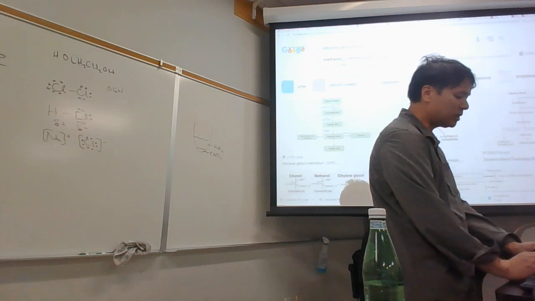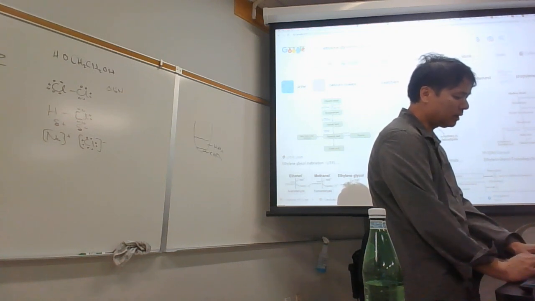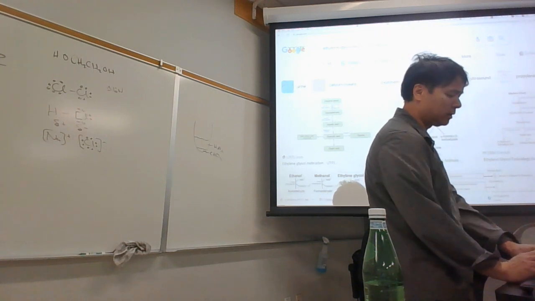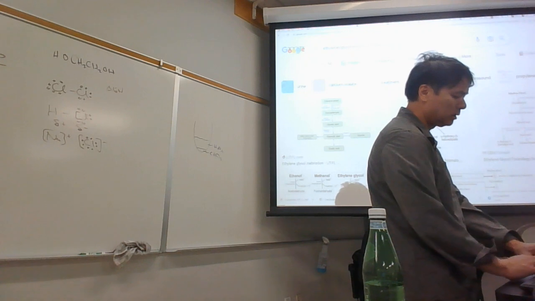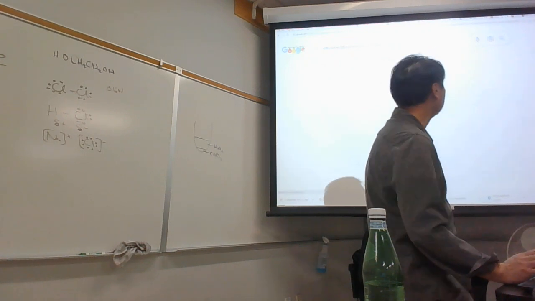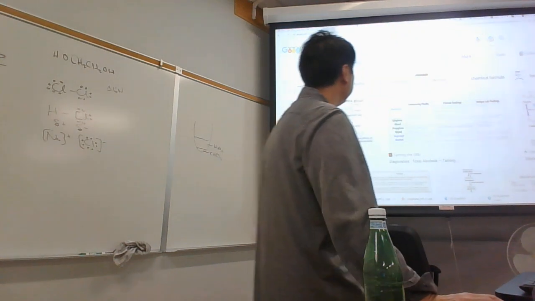And so they might have changed the number of carbon atoms in there. I think they use methylene glycol, which is less toxic. Methylene would be 1, or propylene glycol, which would be 3 carbon atoms.